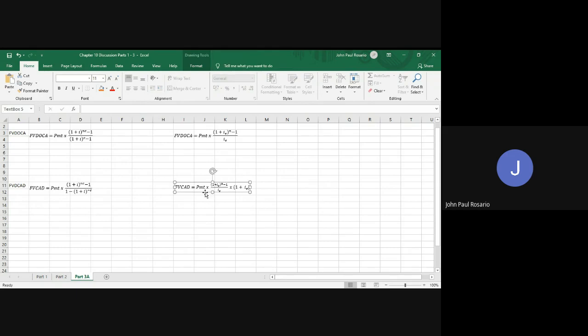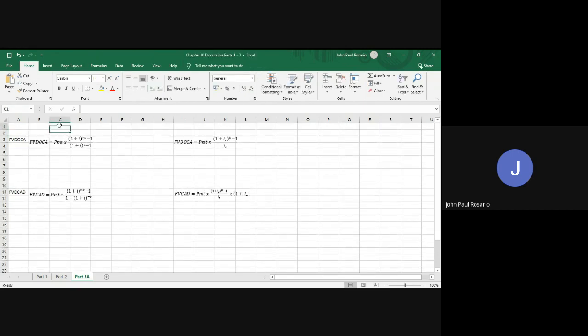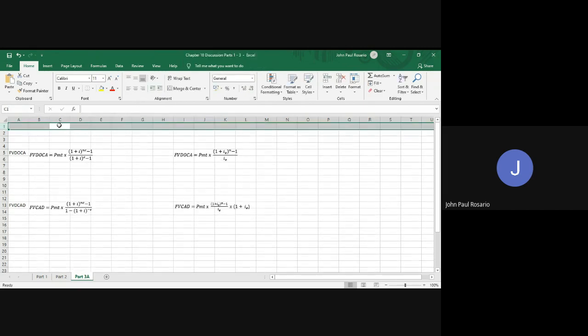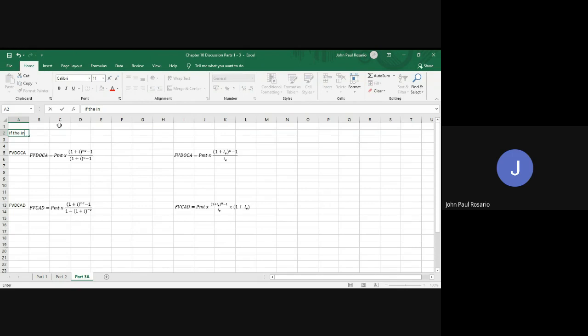Okay. So let's now have our sample problem. The sample problem as illustrated in the book is this one.